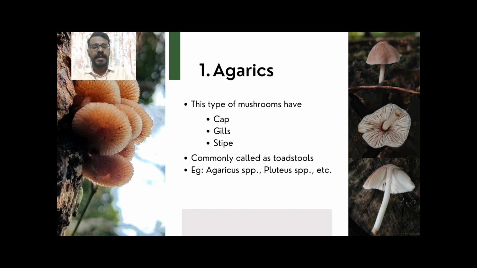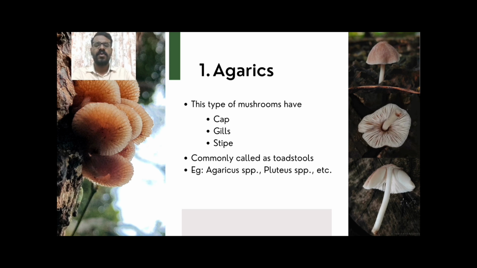Now when you pick the mushroom and turn it upside down, you can see a few radially arranged sheet-like structures. These sheet-like structures are called gills.